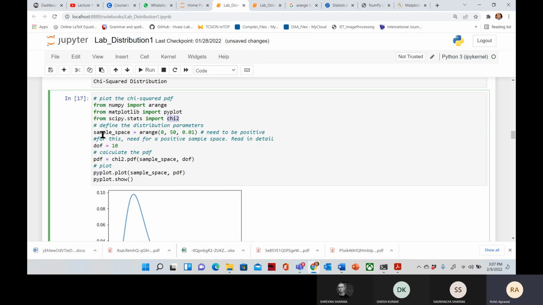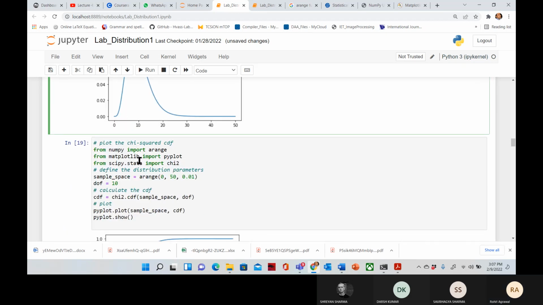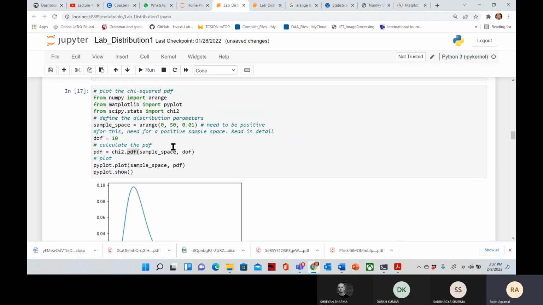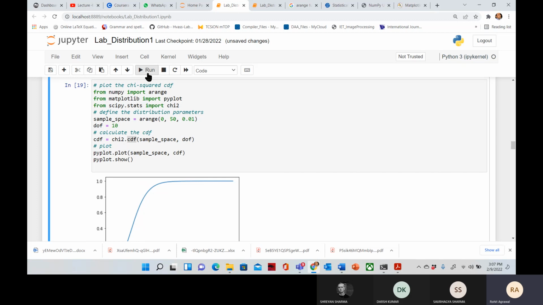Again, for this distribution we will have a degree of freedom parameter and sample space as parameters, and the same functions PDF and CDF. The only difference is we are using the chi2 module, whereas in case of Student's we had t, and for Gaussian we had norm. So these are the three distributions that we discussed.